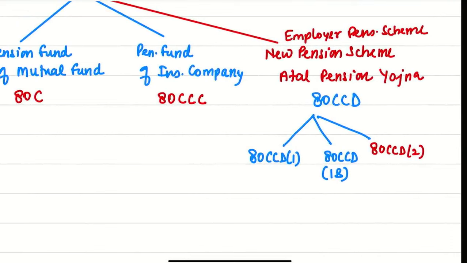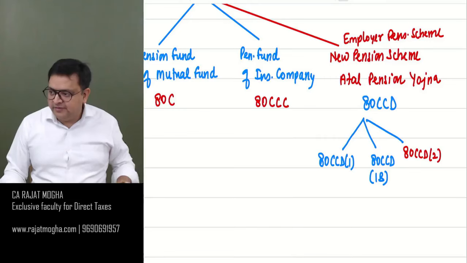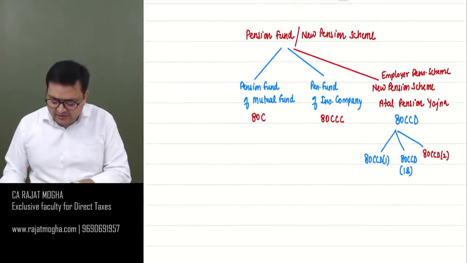So 80CCD is divided into three parts: CCD1, CCD1B, and 80CCD2. Don't worry, I'll be discussing this, and I believe that you must be knowing this also.